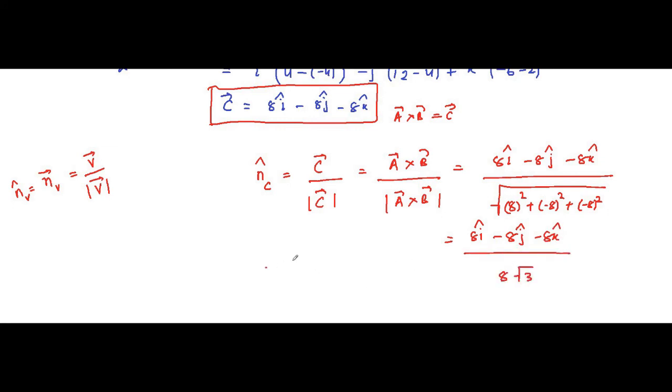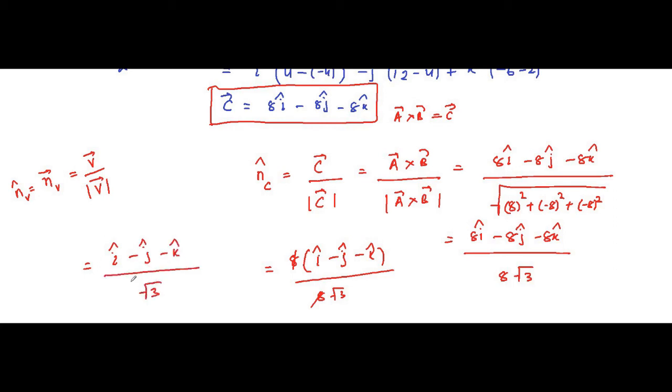Taking 8 common, it is 8 times i cap minus j cap minus k cap by 8 root 3. The 8 cancels. It will be i cap minus j cap minus k cap divided by root 3.